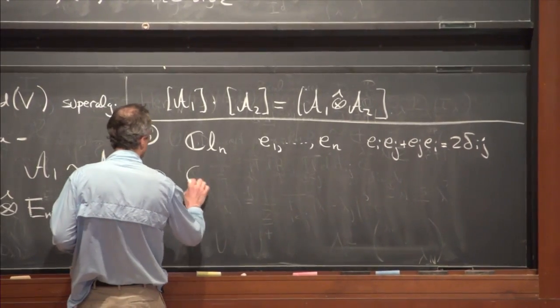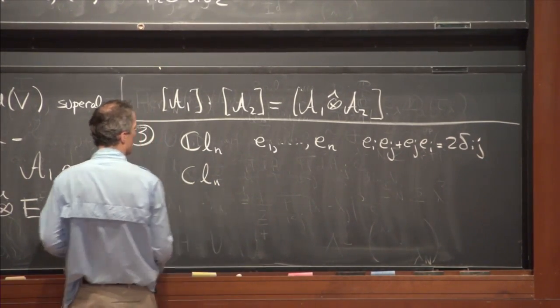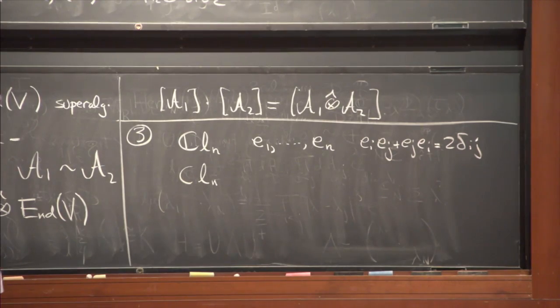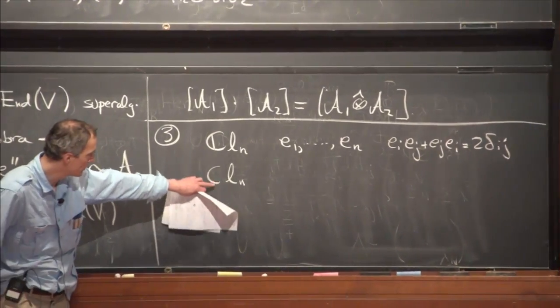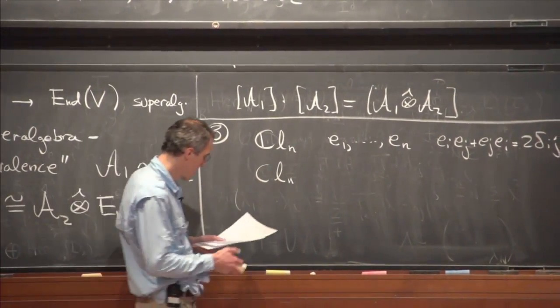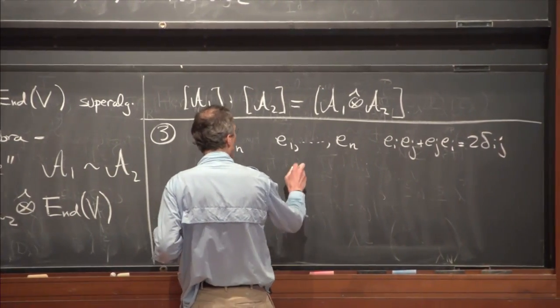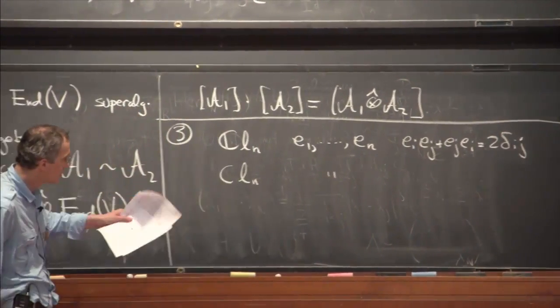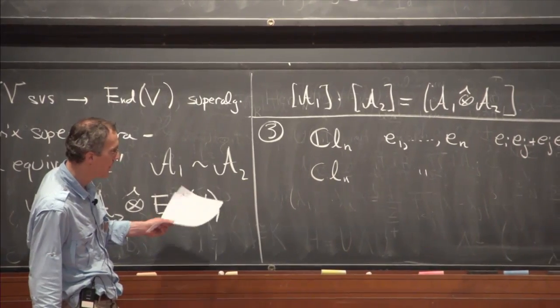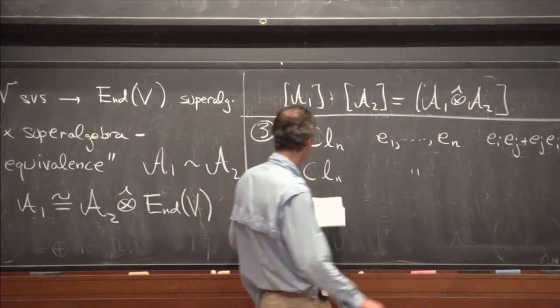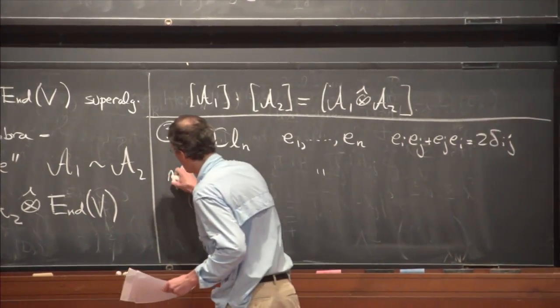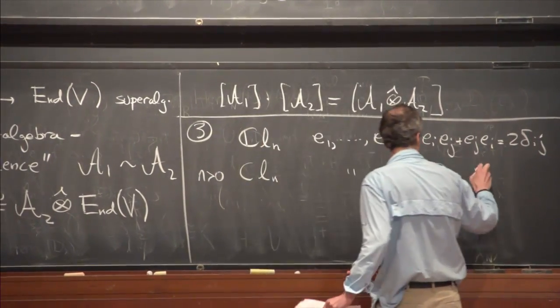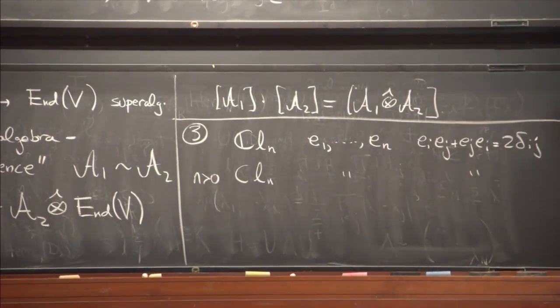However, when I look at the real Clifford algebras, which I'll denote this way, with a straight C without the blackboard bold, that's again going to be an algebra with odd generators E1 through En. And for n positive, they're going to satisfy exactly the same relations.